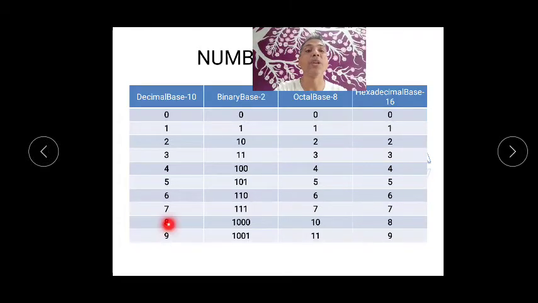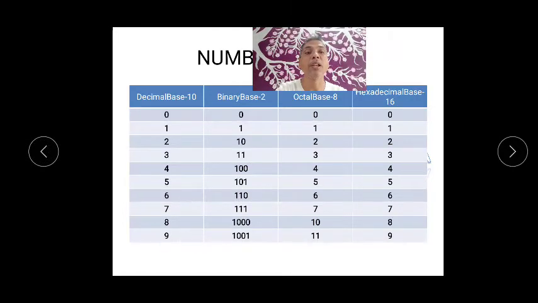So 8 is like, can you see, this is 4 bits, we call them bits, like 0 is 1 bit, 1 is 1 bit, like this there are 4 bits. Now after 7, we cannot write octal as 8 or 9, because octal has numbers from 0 to 7 only. So this is 1 0, here it will be 8.